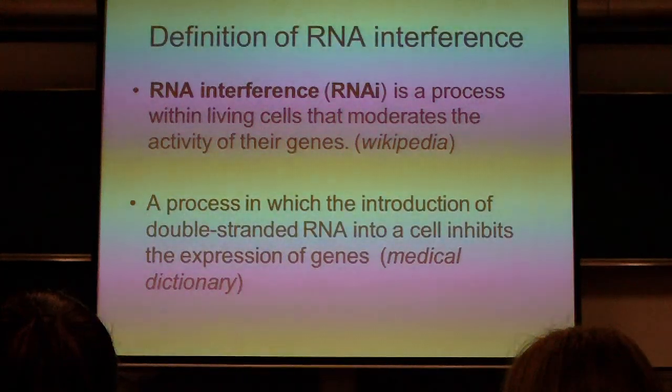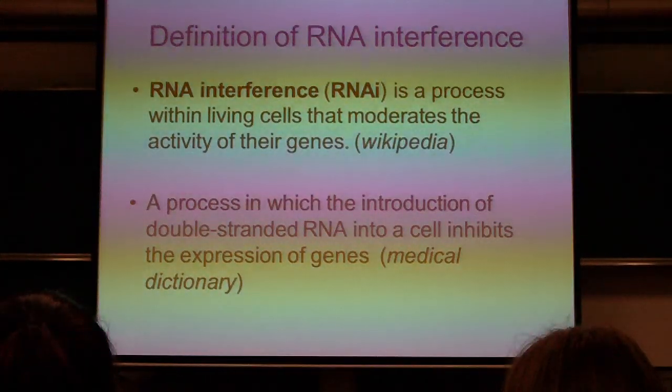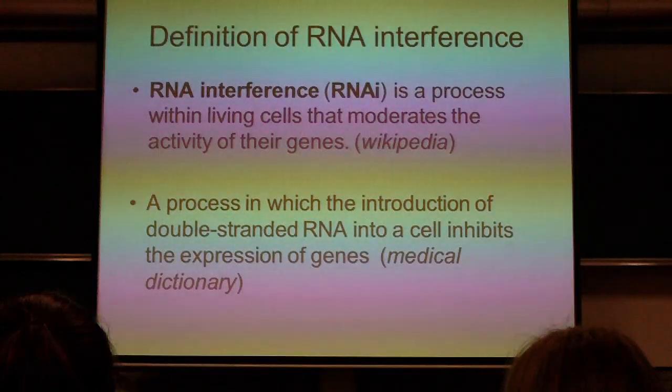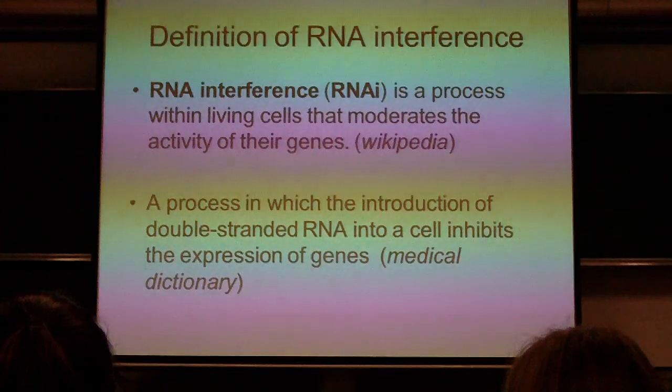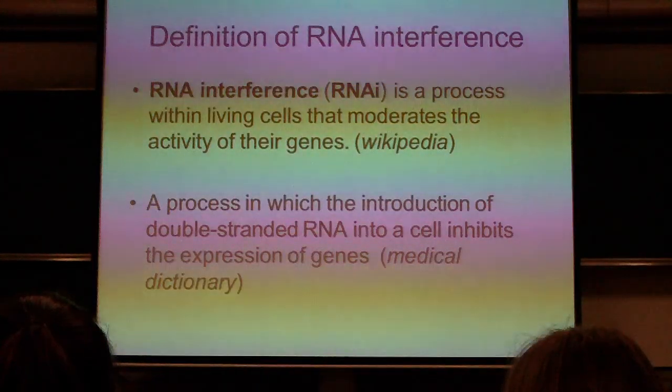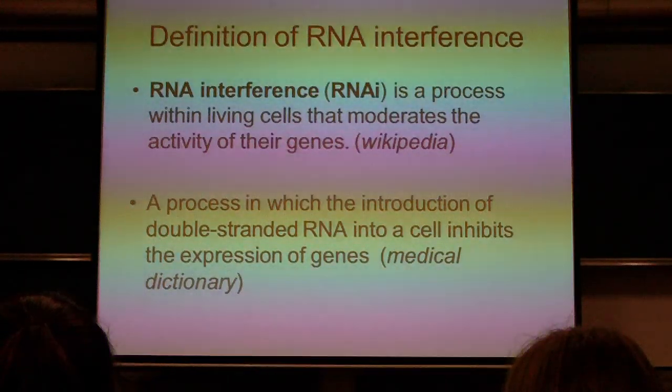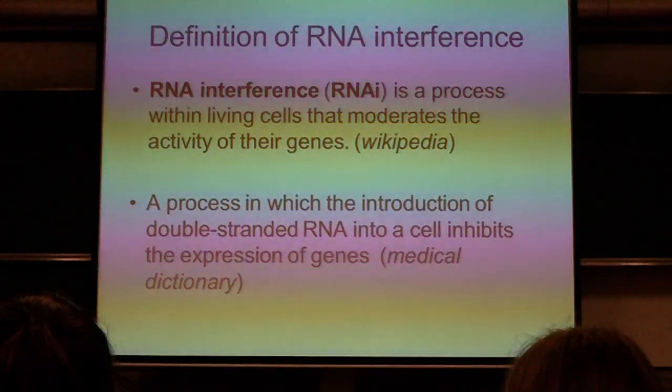In medical dictionaries, so more for doctors, they say it's a process in which the introduction of double-stranded RNA into a cell inhibits the expression of genes. So that's also more directed towards a therapeutic use.